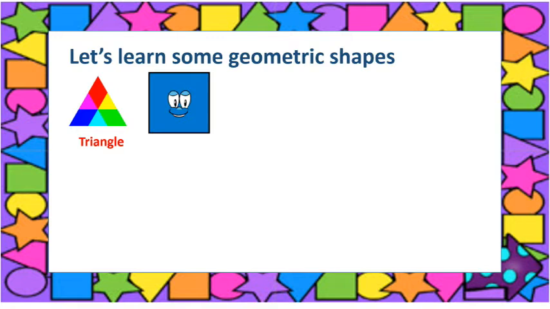What shape is this? Oh, well done. It is a square. A square also has 4 equal sides and 4 angles. How many sides does a square have? 4 sides and 4 angles.